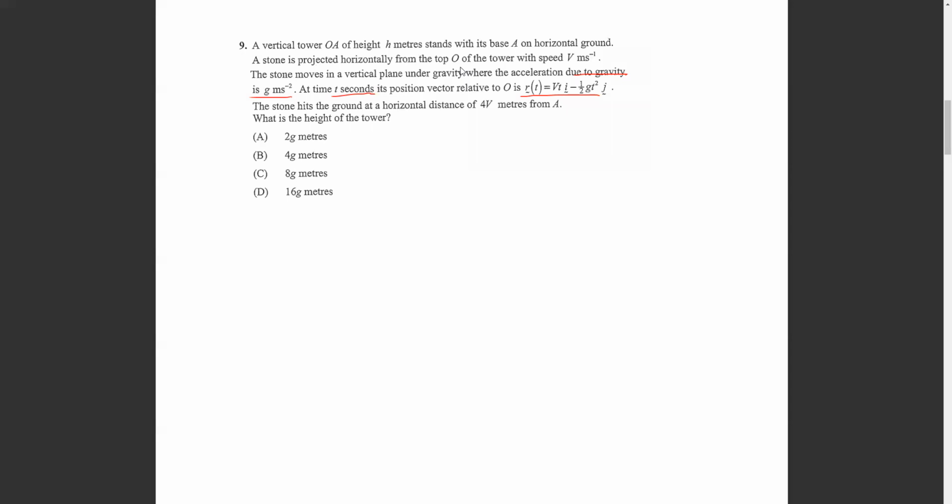So you have OA. You are projecting horizontally with speed v, and you would know that it would fall down like this.